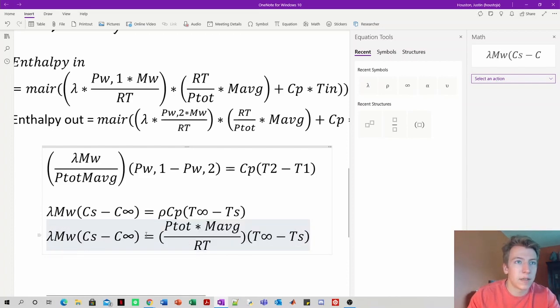There we go, perfect. And I was wrong, we do have to change the left-hand side as well.